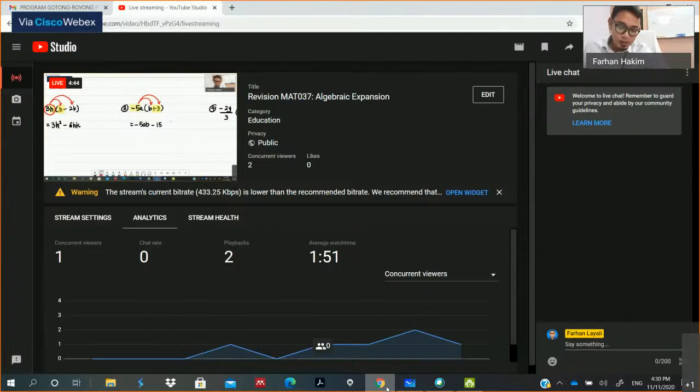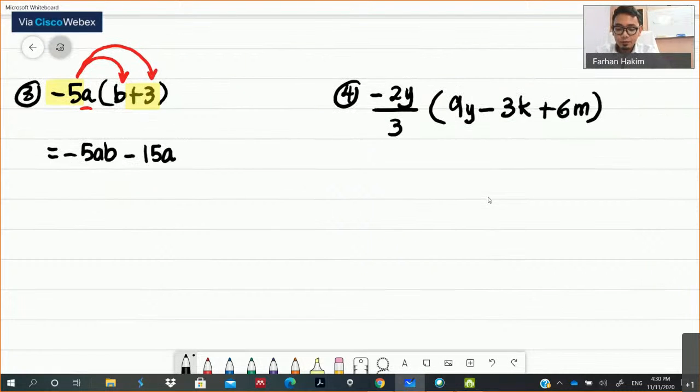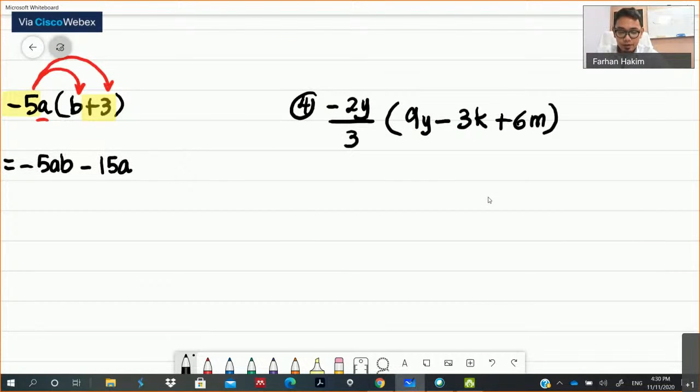All right, so now let's go to question number 4. We have something like this. We want to bring this whole fraction inside each of these. I'll multiply the first one first. Please take note that I'm going to multiply negative 2 over 3 together with 9.